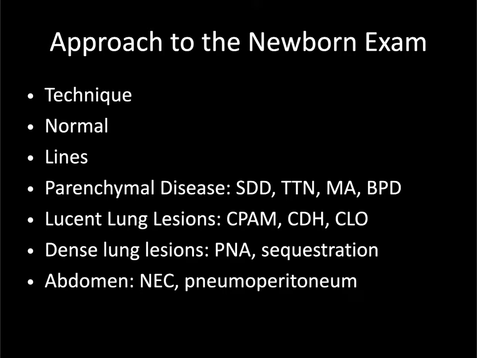Then we'll go into lucent lung lesions or cystic lung disease, which include CPAM, congenital diaphragmatic hernia, and congenital lobar overinflation. And then we'll talk about lung opacification or dense lung lesions, such as pneumonia and sequestration. And then we'll touch a little bit on newborn abdomen, specifically necrotizing enterocolitis and looking for pneumoperitoneum.